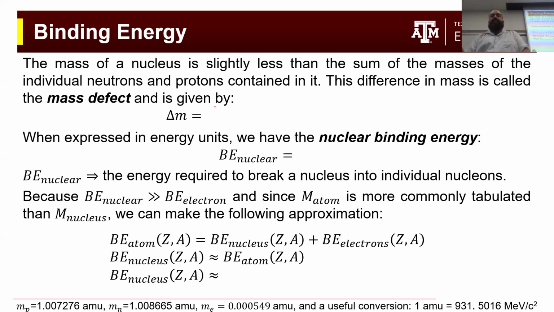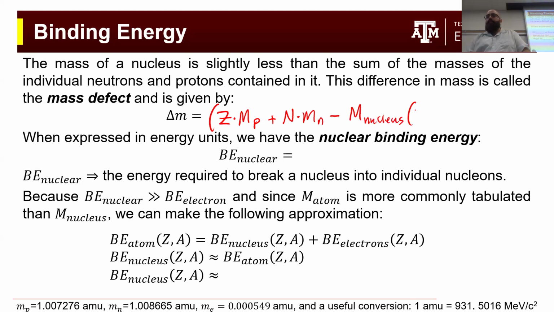And the mass defect is basically defined as Z times the mass of our proton plus N times the mass of our neutron, and then minus the mass of our nucleus.